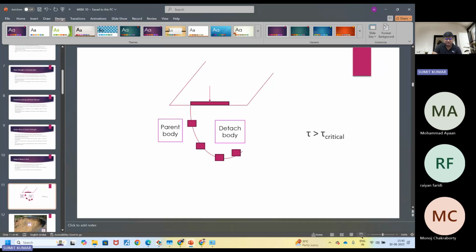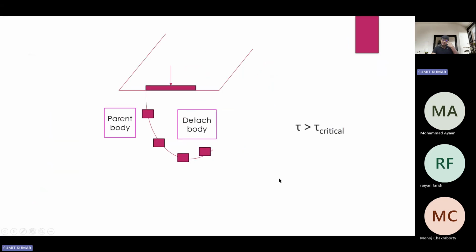Okay, so over here you can see that a failure takes place between these two bodies. The parent body is shown and the detached body is shown. Suppose the critical strength of soil at that place is, maybe, 100 kPa. If the stress applied below that is maybe 98, 99, 99.5, 99.9, it is in a stable condition.